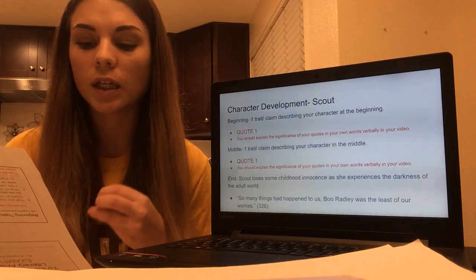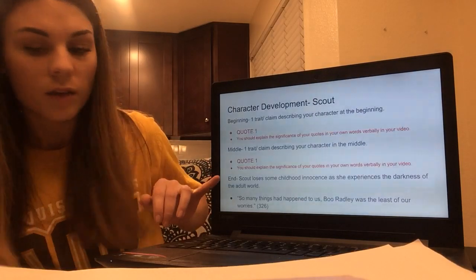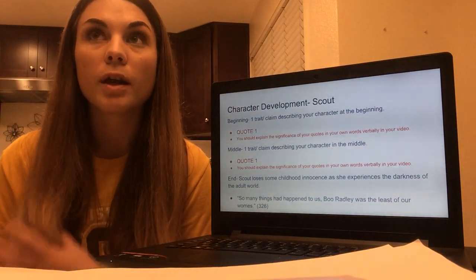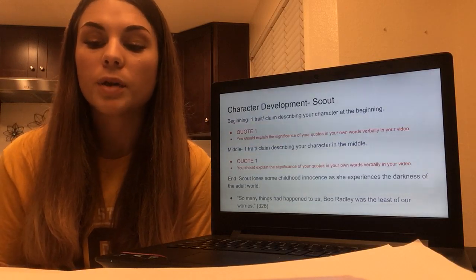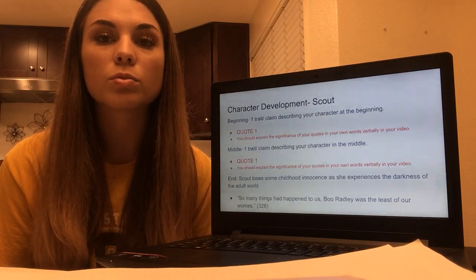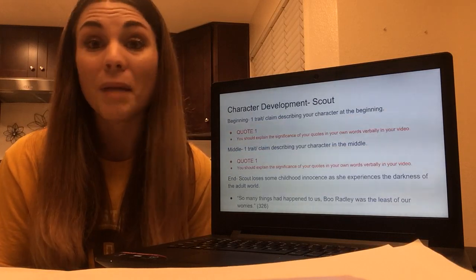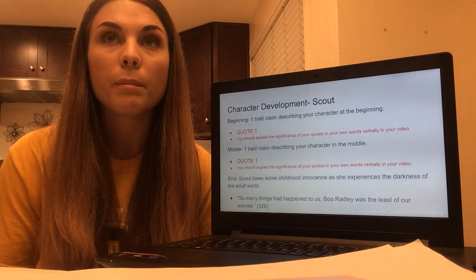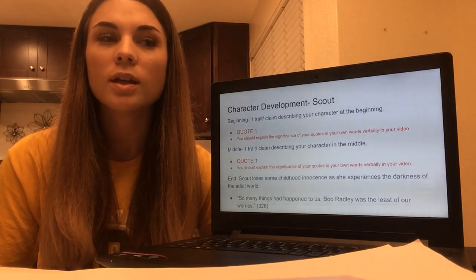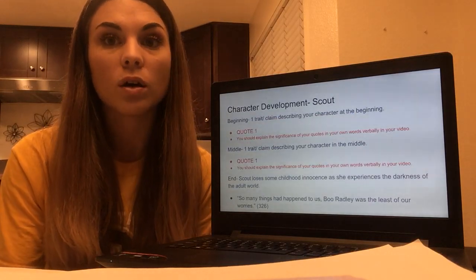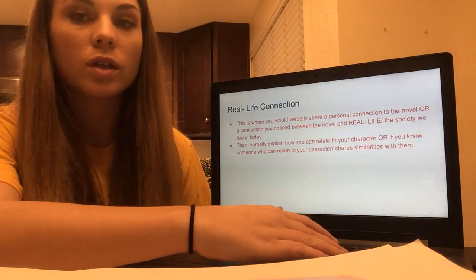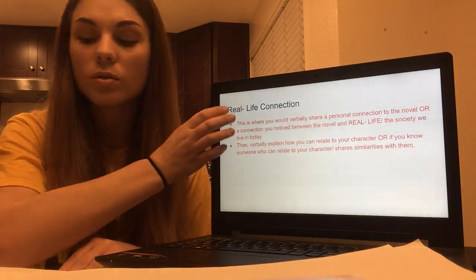This is significant in proving that Scout is losing that innocence because by the end of the novel, she has been exposed to so much evil in the world and so much more realistic bad guys that Boo Radley, somebody who she feared so much at the beginning of the story, doesn't seem so bad after all.